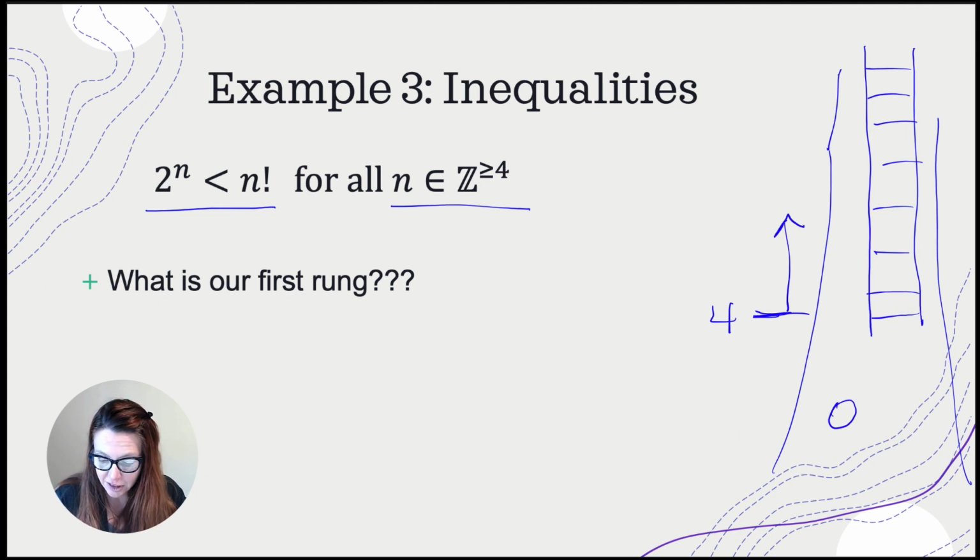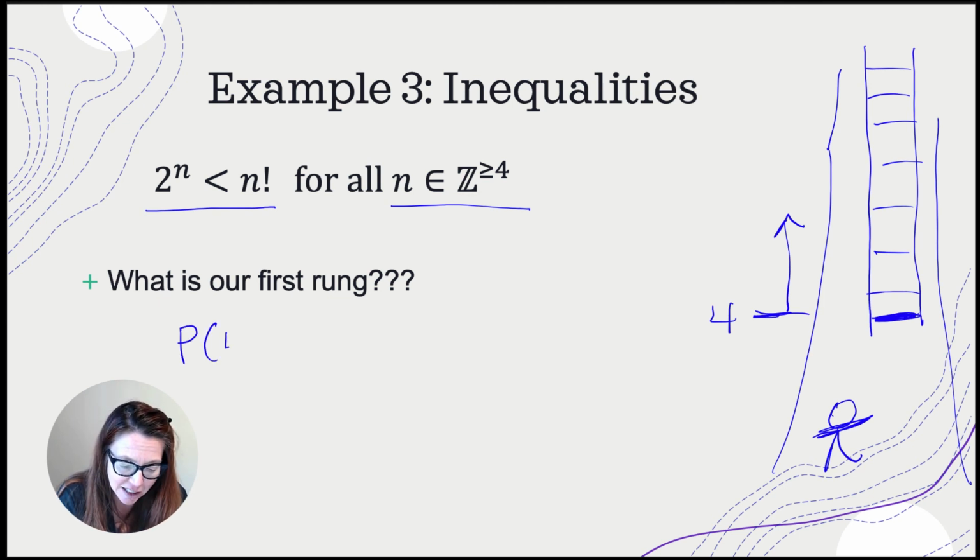If you're a little kid and you can only reach up to 1 or 2, you may not reach this ladder. So we have to show that if you can climb this ladder, you are able to reach a rung that starts at 4. So our first rung, and our base case, is to show P(4).